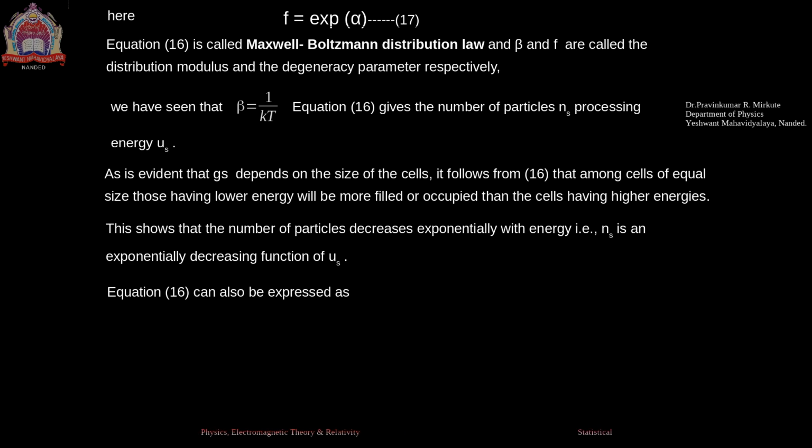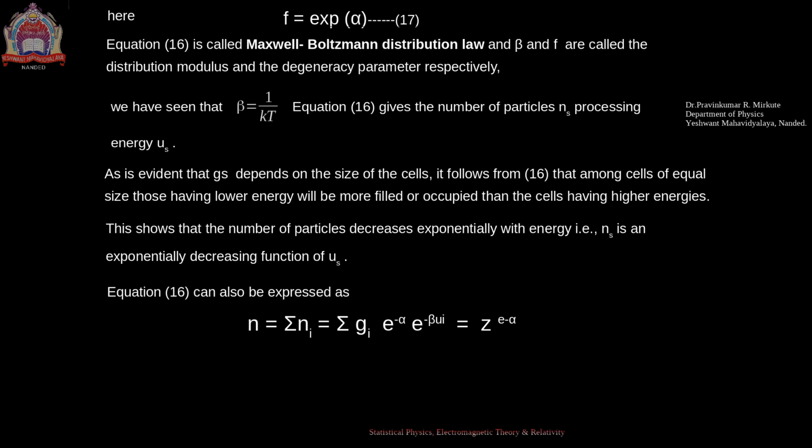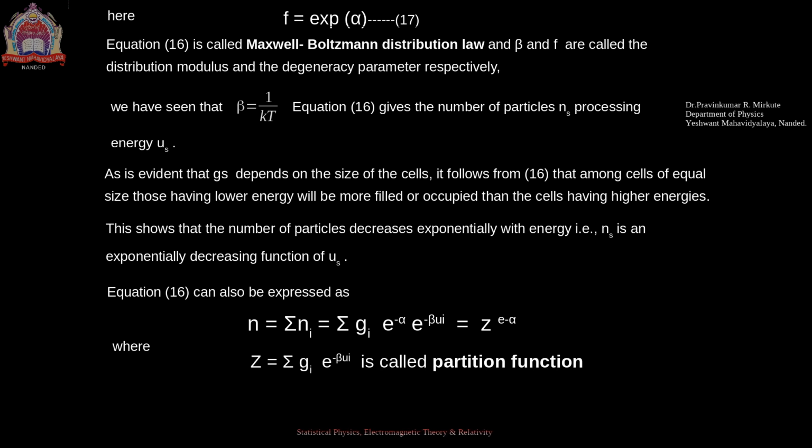Equation 16 can also be expressed in terms of N is equal to summation ni, that equals summation gi into e to the power of minus alpha, e to the power of minus beta ui, that equals e to the power of minus alpha Z, where Z is equal to summation of gi into e to the power of minus beta ui, and this is called the partition function.